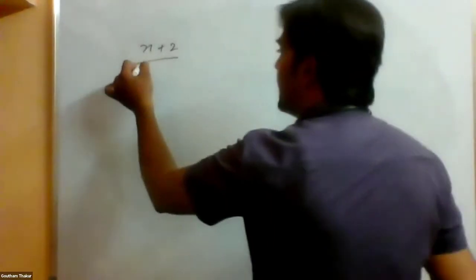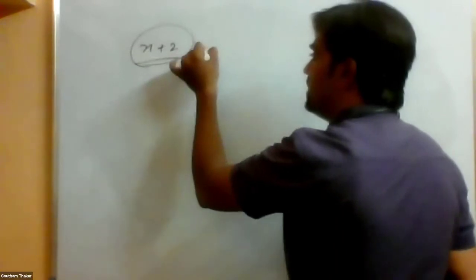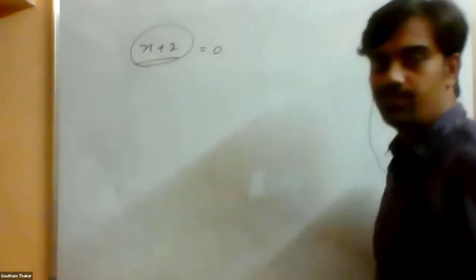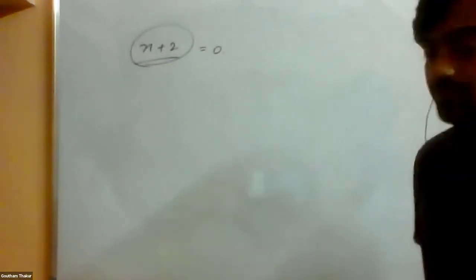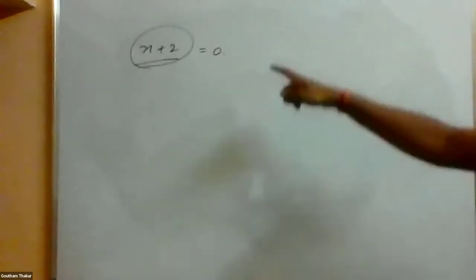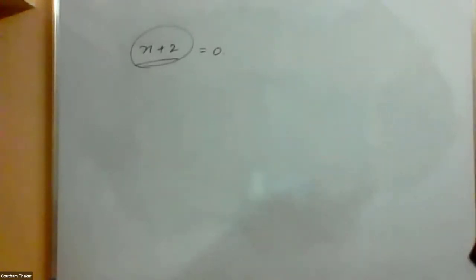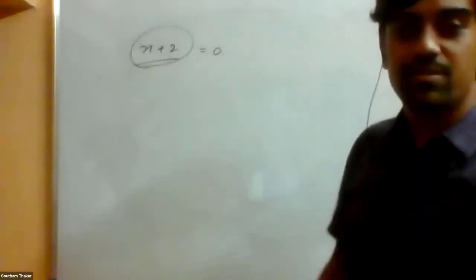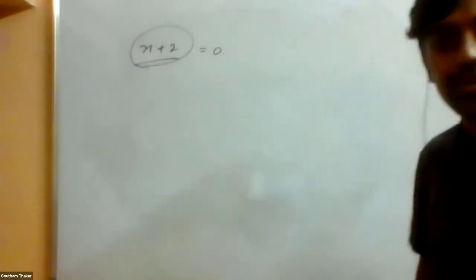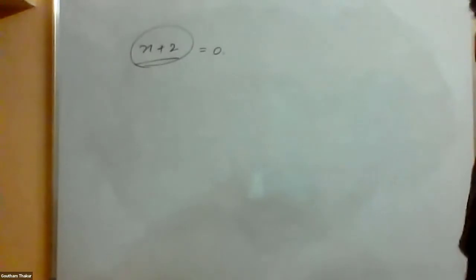When we talk about a binomial term, we need to check by equating the entire expression to 0. Let me explain this part in a detailed way, then I think you'll understand it. Let's take x plus 2 as my expression, my polynomial as well.